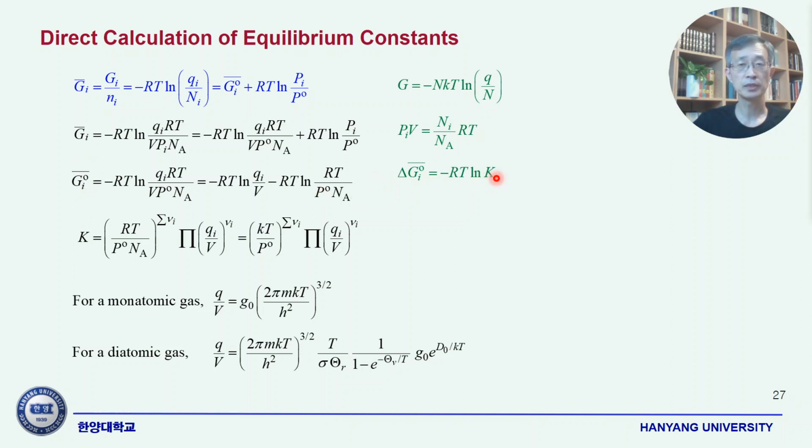Okay, so KT or K is the summation of G I naught over RT minus. So K is the summation of this, but that summation has these and that.